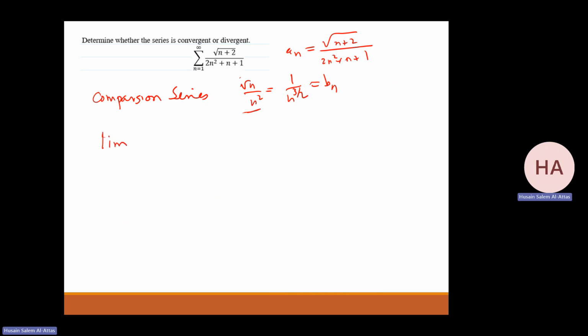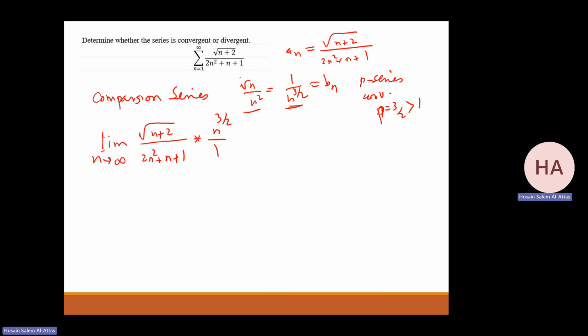I know this is a p-series, convergent, since p = 3/2 is greater than 1. So do the limit as n goes to infinity of this, times n to the power 3/2 over 1.